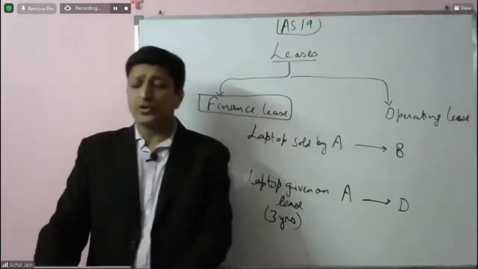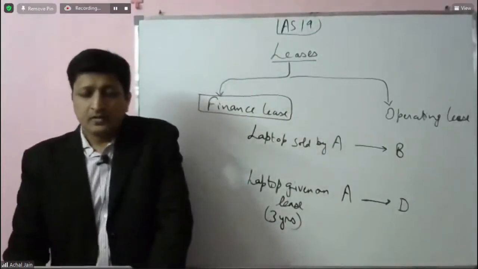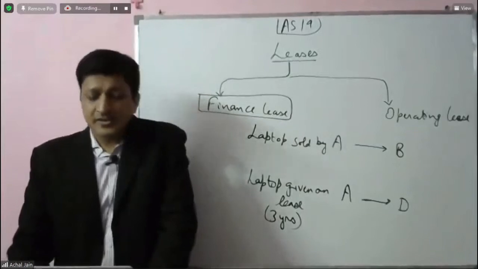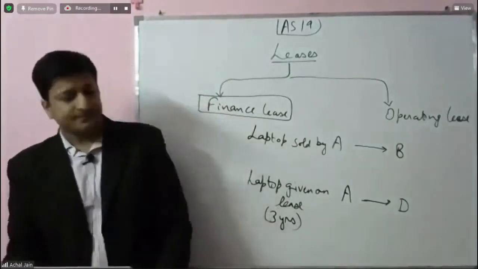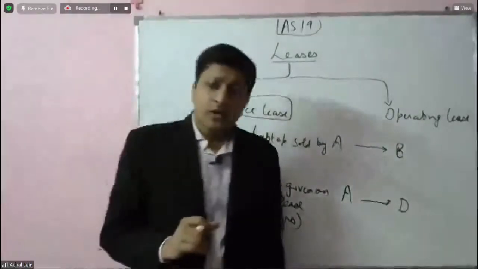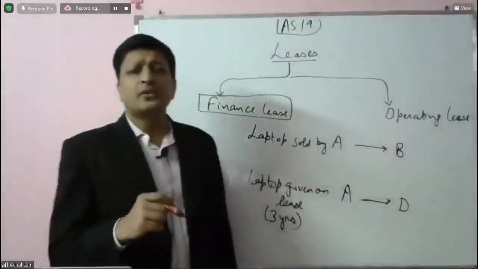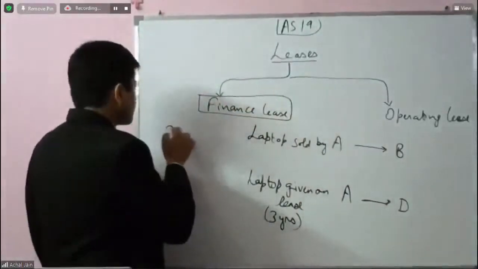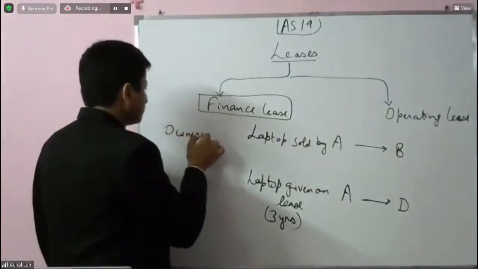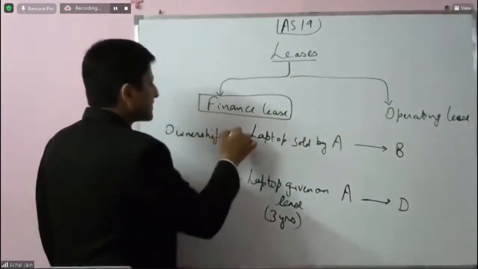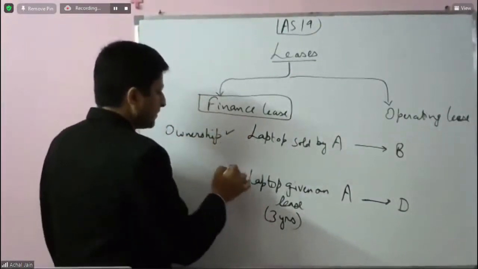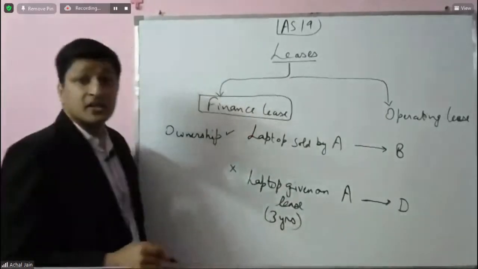So Rupasmita is saying ownership is transferred, but in case of lease, it's not done. Okay, great. So one difference which many of you pointed out is about ownership. In this case, ownership is getting transferred, but in this case, ownership is not getting transferred.